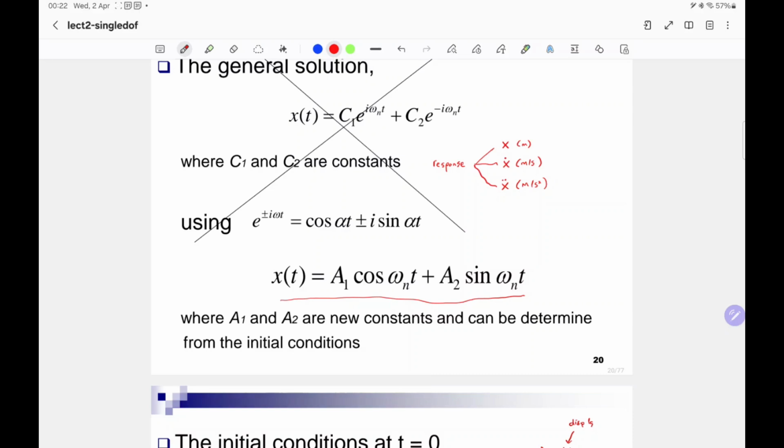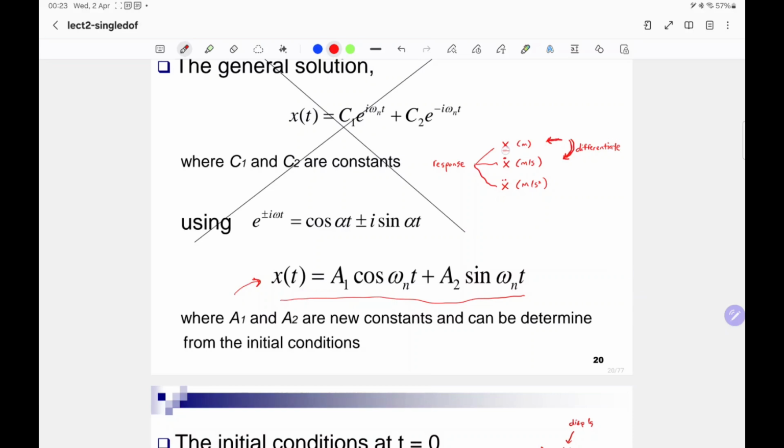So if we have the solution in terms of displacement, for example in this case, this is the response in terms of displacement. So how do we get the velocity? We know that velocity is x dot, meaning that we need to differentiate one time, or first order differentiation.